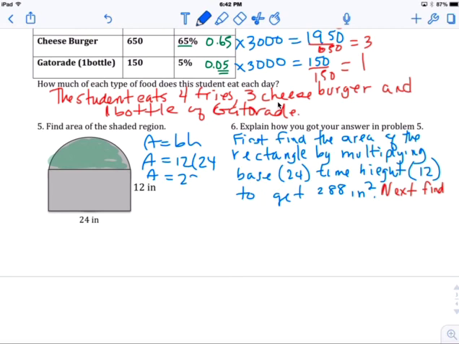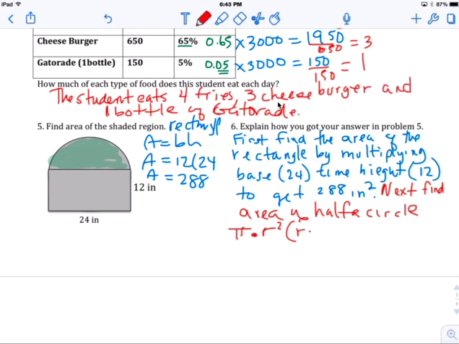Area is 288 for the rectangle. Next, find the area of half a circle. Pi times radius squared, where the radius is half the diameter. Diameter is 24, so radius is 12.